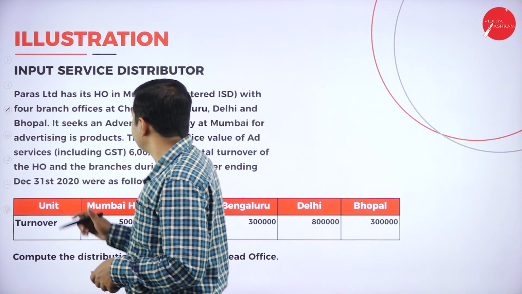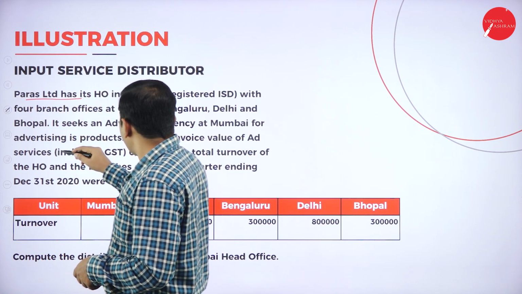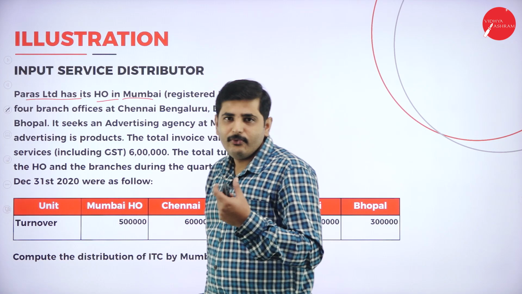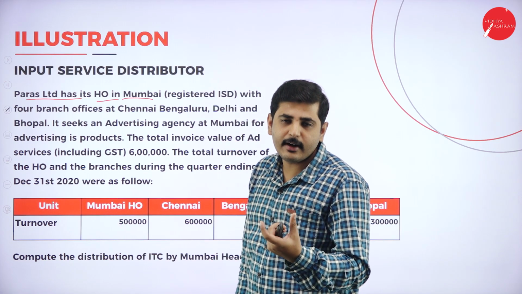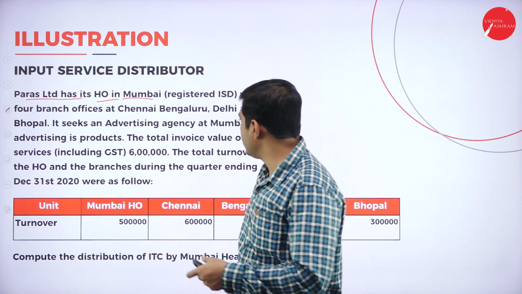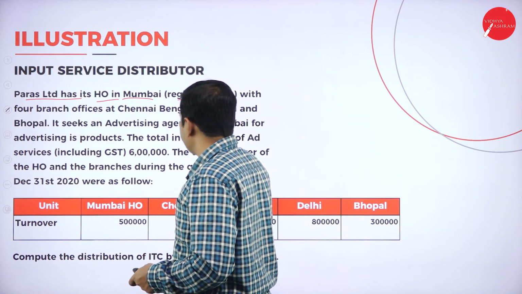Let's do the problem. Paras Limited has its head office in Mumbai. When it has a head office, it will be considered as an input service distributor, ISD, a registered input service distributor.